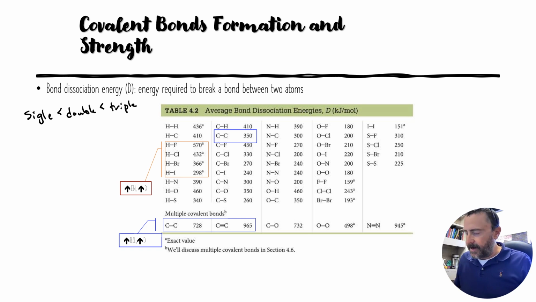And we can see that as the average bond dissociation energies keep increasing. We've got 350 for a single bond, for a carbon-carbon double bond it's 728, and for our carbon-carbon triple bond it's 965. So it takes more energy to break them. As we increase the number of bonds, we're also increasing the strengths of the bonds.